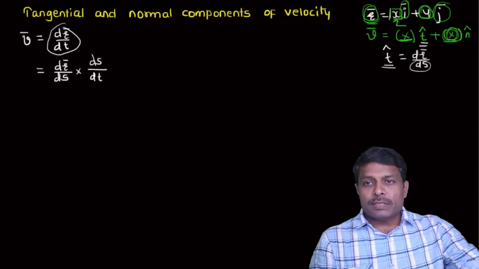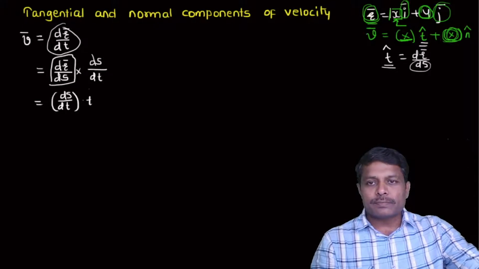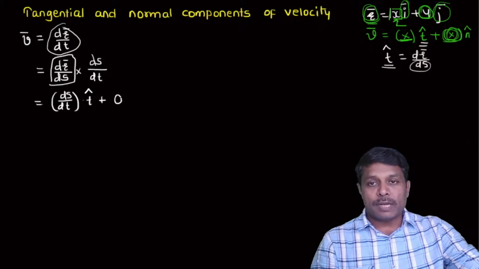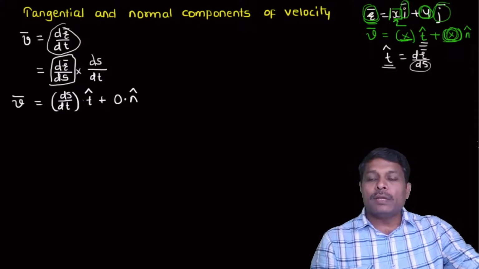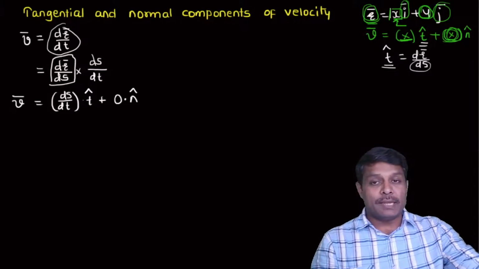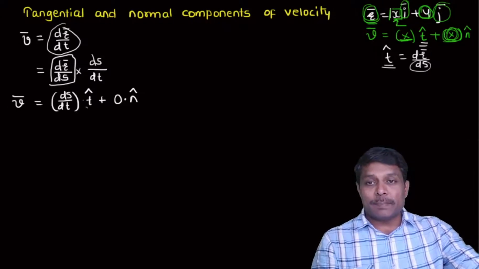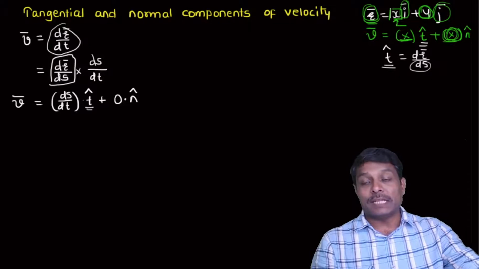Now this ds by dt I am putting here, into dr bar by ds, which is nothing but t cap, and there is no normal component, therefore I am taking 0 times n cap. So I have successfully written the velocity vector in terms of t cap and n cap. As per our last discussion, this is t cap, and the coefficient of t cap is nothing but the component along the tangent.